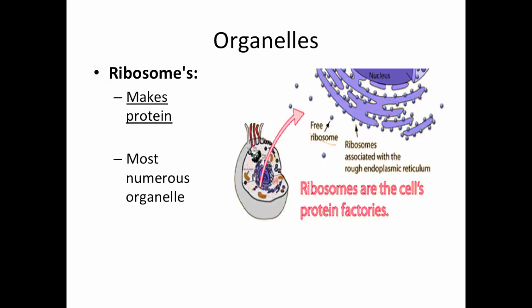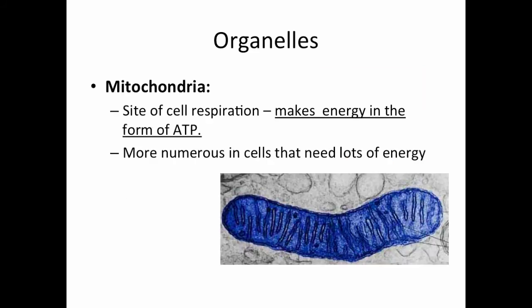Ribosomes are up next. They make proteins. They're the little tiny structures that are scattered all throughout the cell and attached to the endoplasmic reticulum. And if you remember, proteins are very complex organic molecules that do an awful lot for us. The mitochondria is up next. You may remember the mighty mitochondria from middle school, and it's responsible for making energy in the form of ATP.